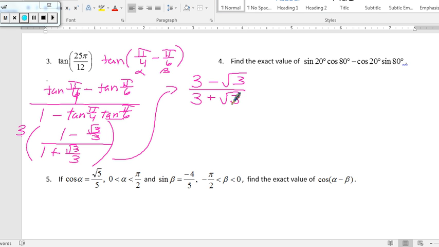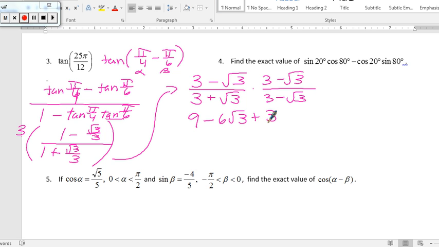We do need to rationalize this denominator, so I'm going to multiply through by the conjugate. So in the numerator, 3 times 3 will get us 9, minus 3 square roots of 3, minus another 3 square roots of 3 would be minus 6 square roots of 3, plus 3 on the end there.